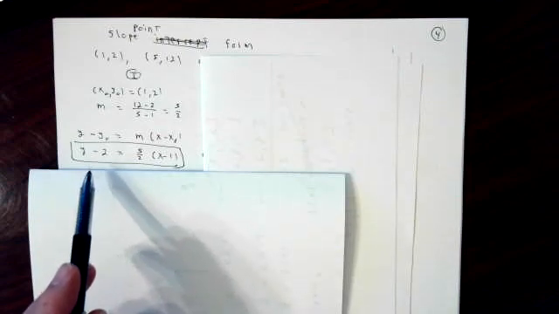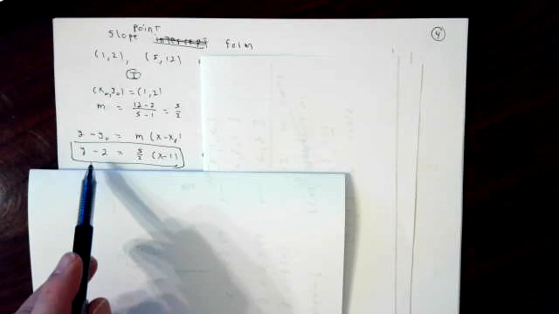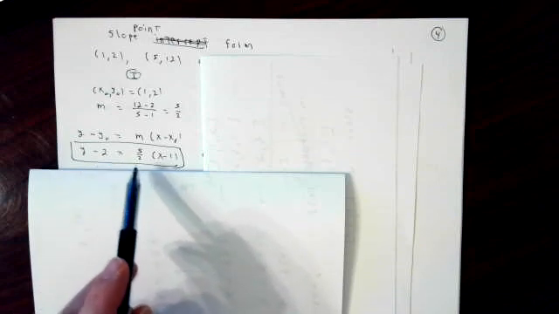In version number Roman numeral 1, I'm going to use the point x equal 1, y equal 2 for my given point. So the equation for my straight line allegedly is y minus y0, y minus 2 equals 5/2 multiplied by x minus x0, which is x equal to 1 here.